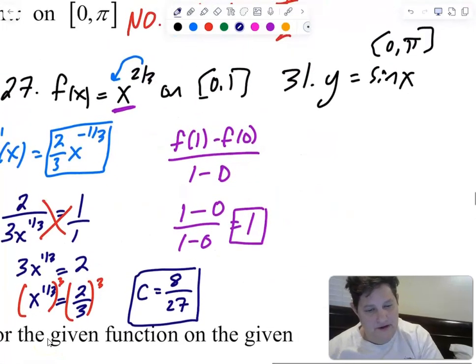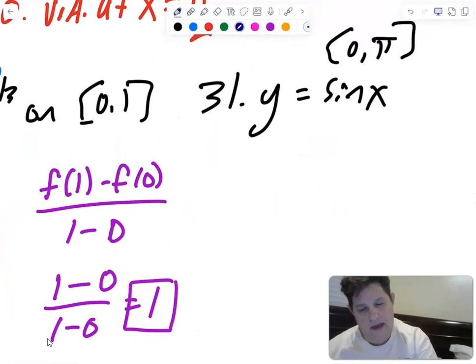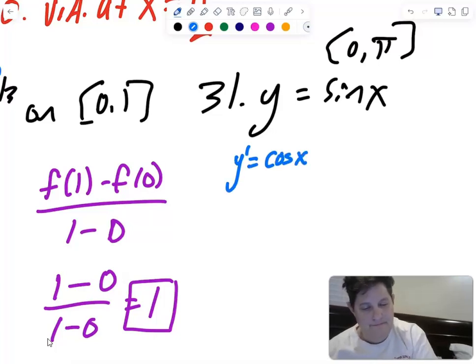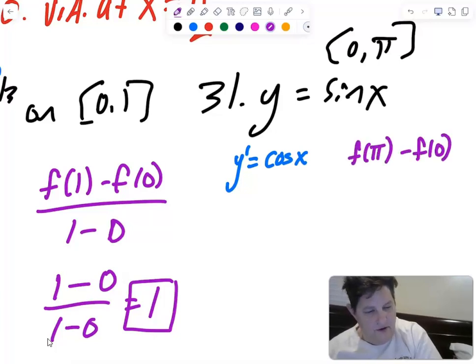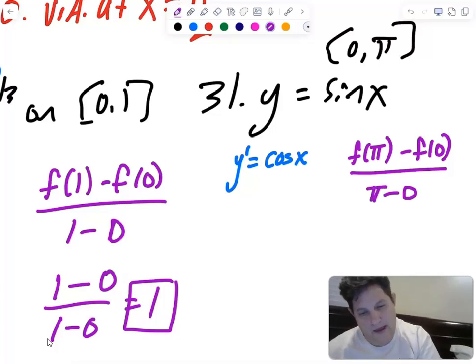All right, let's do a trig example here. The derivative of sine is cosine. And then for my slope, I've got to go f of pi minus f of 0 over pi minus 0. f of pi, if I plug that in, sine of pi, that's over here, right?